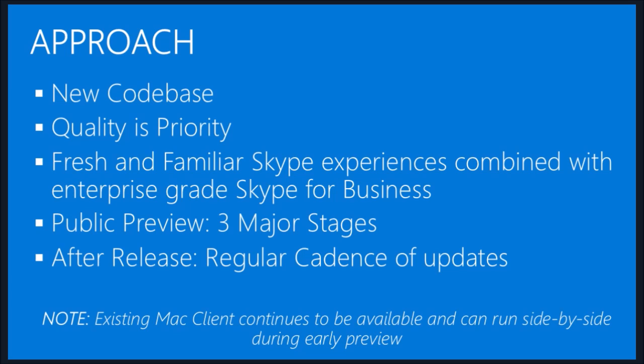And like I said, you just remember that the Link for Mac client will still be available during this process. And in fact, you'll be able to run them side by side initially for the first release. So yeah, that's paramount, right? If you think about it, running side by side, you've got your Link Mac 2011, and you're going to see a little bit more about what we mean and why that's important in just a minute.